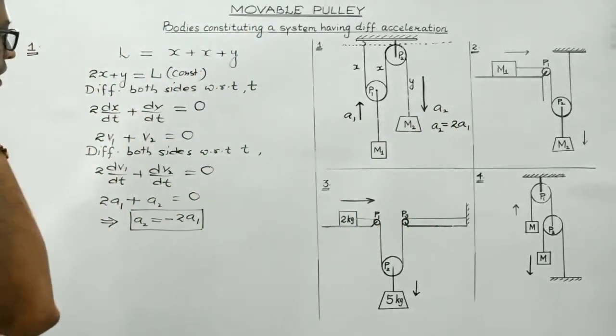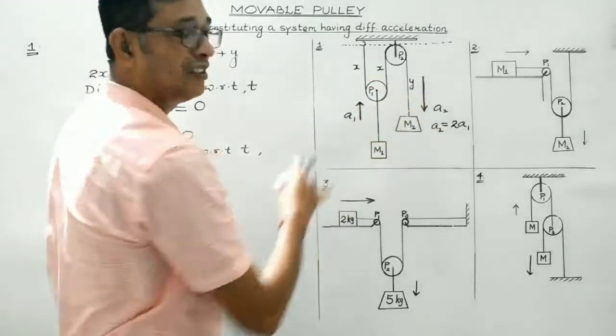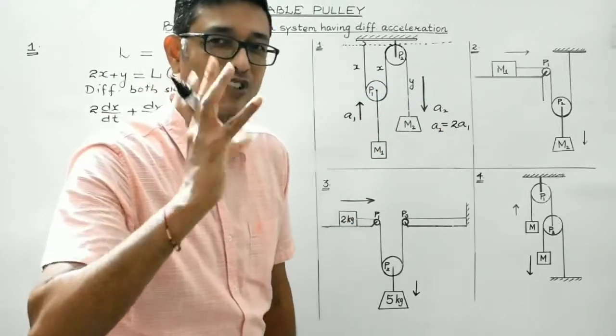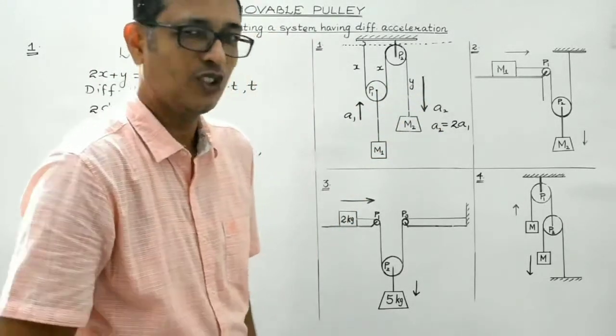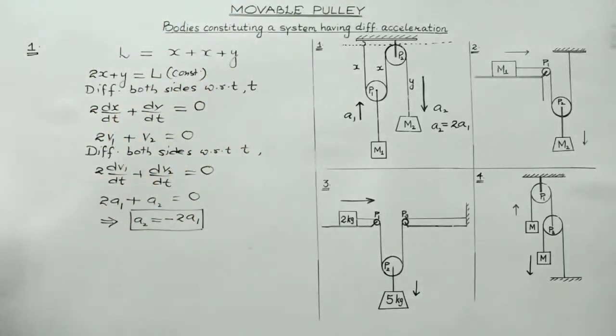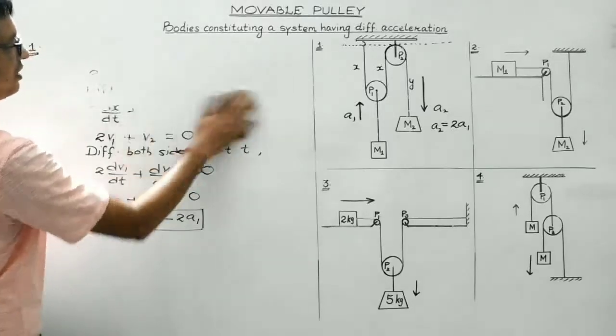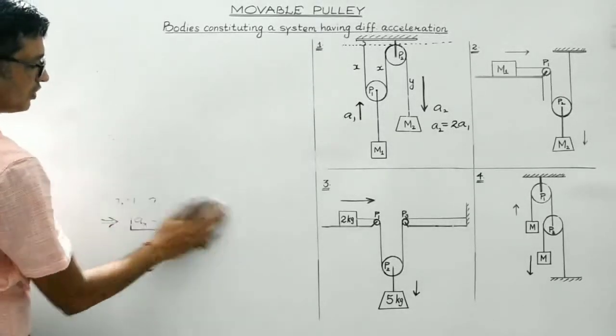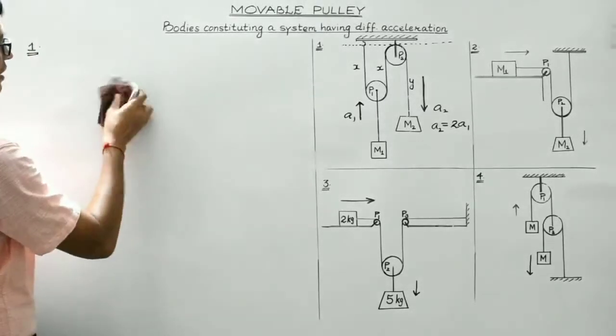Clear, students? So this could have been done by using your sheer common sense as well. Let me convince you of that method also by using sheer logic. This relationship could have been easily obtained.